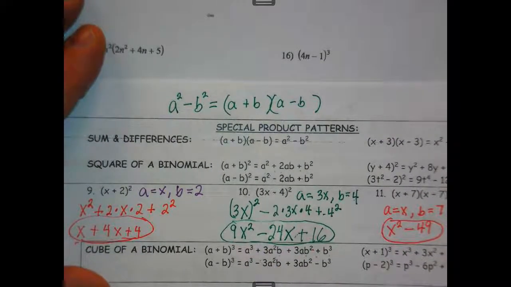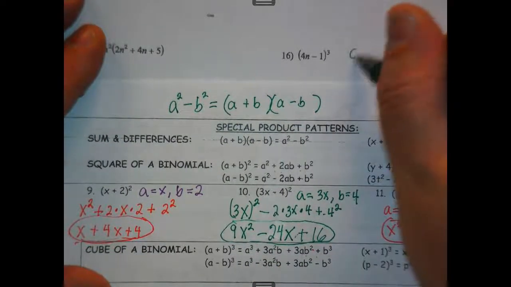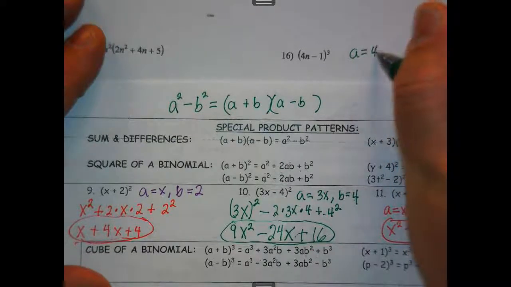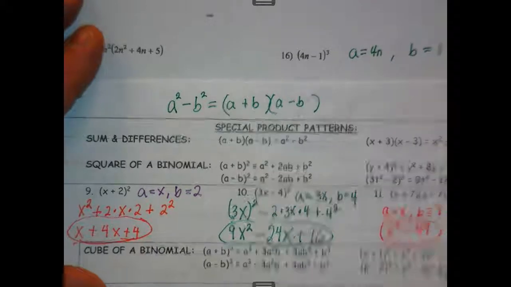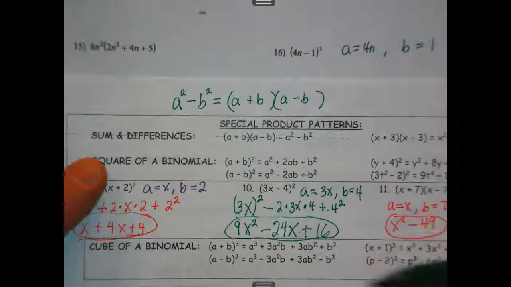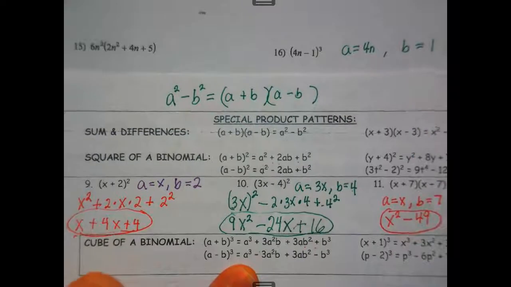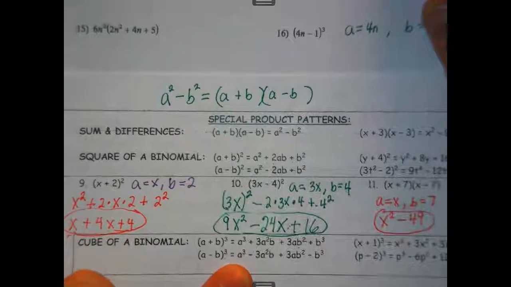What's my a? A is 4n, and what's my b? 1. So let's substitute in our values.